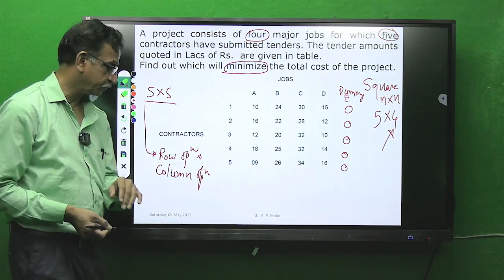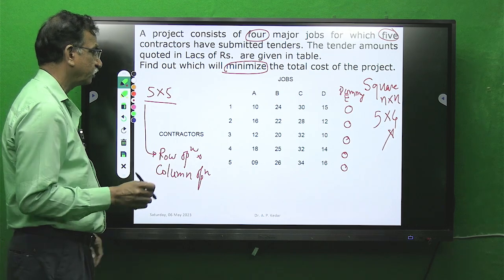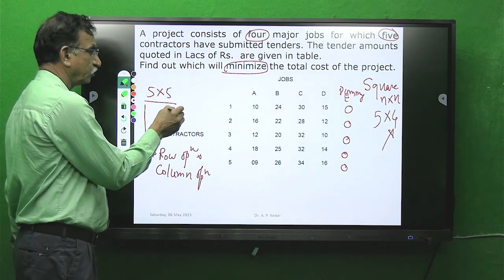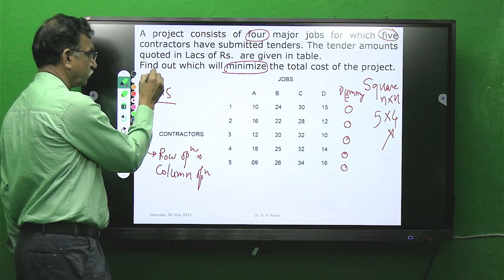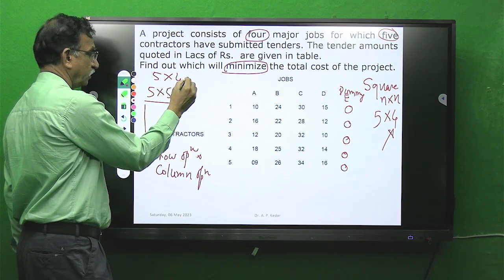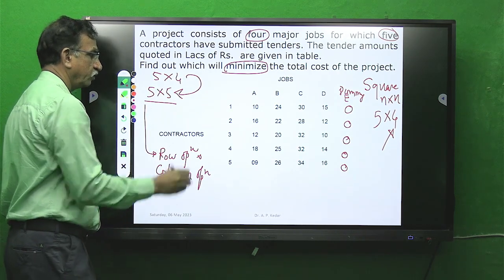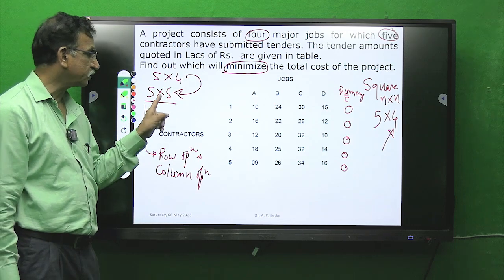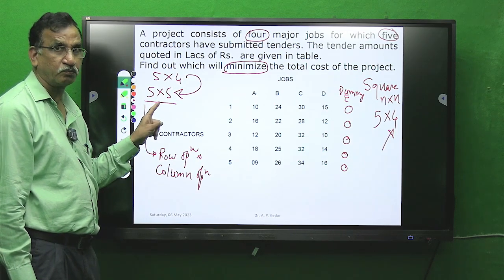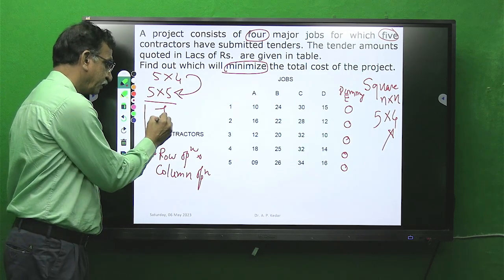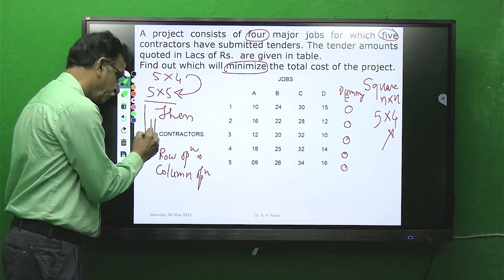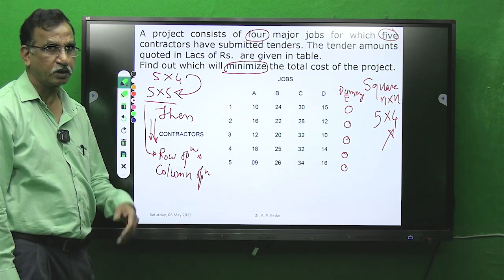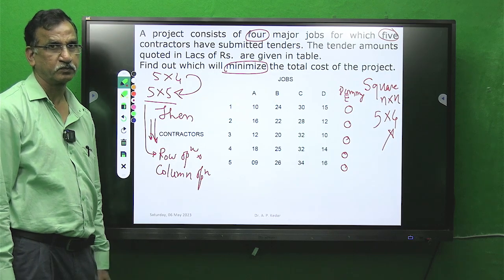This is one thing that I wanted to stress, how to convert. Earlier this was a 5 by 4 matrix. What we did, we have converted this 5 by 4 matrix into a 5 by 5 matrix, and then we go for these steps, the conventional Hungarian method.